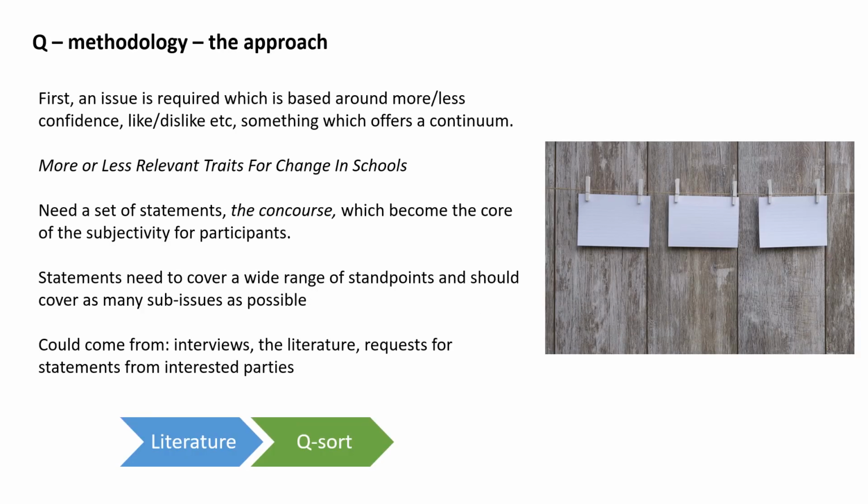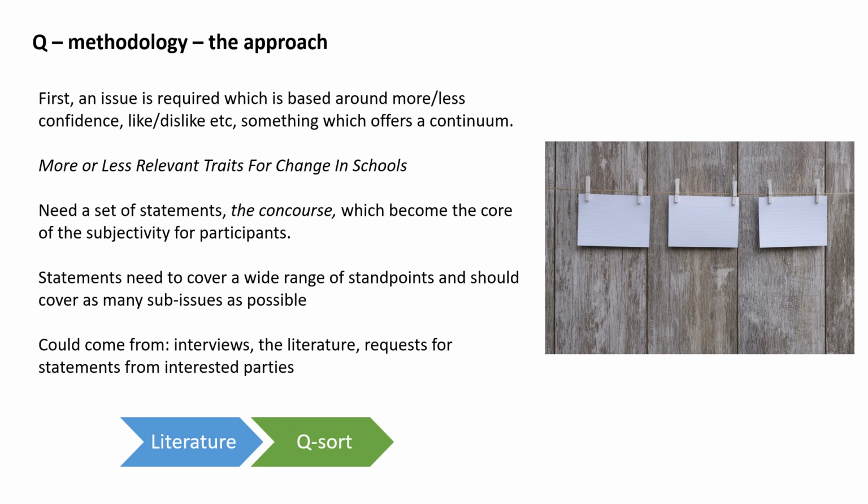So the way this works is that to begin with, you need to identify an issue, and that issue needs to be based around the idea of more or less of something.